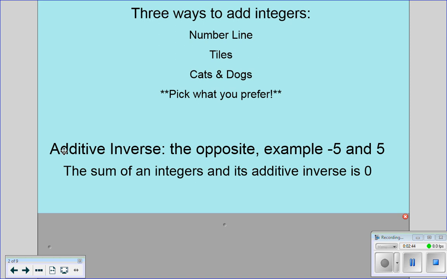If I add those together, they would be 0. So basically, anytime you're adding 2 opposites together, it's always going to equal 0.